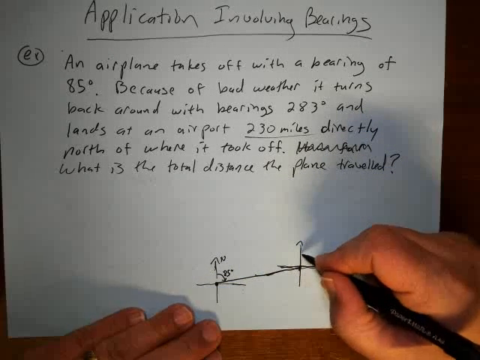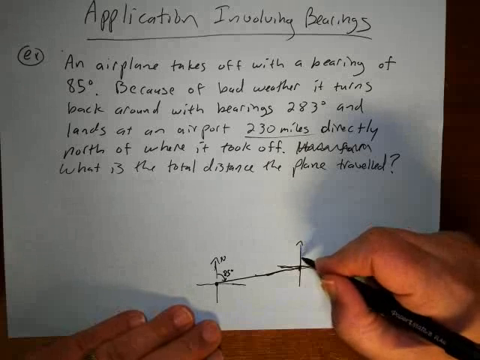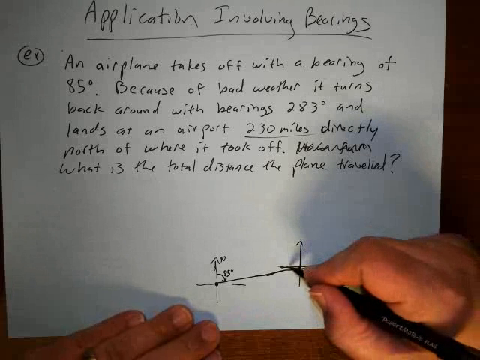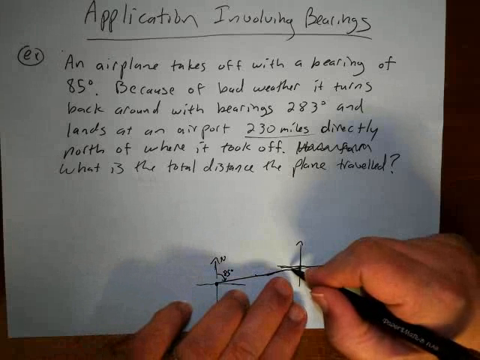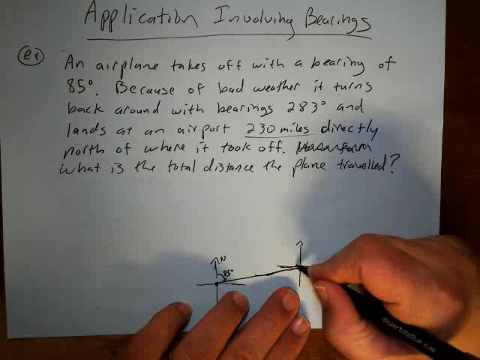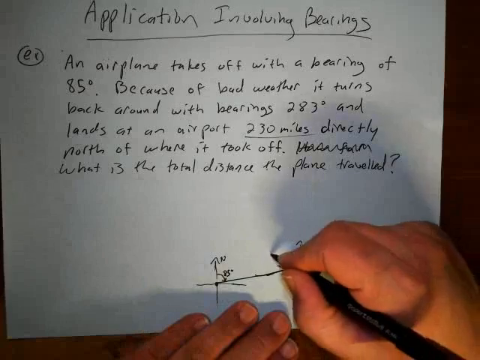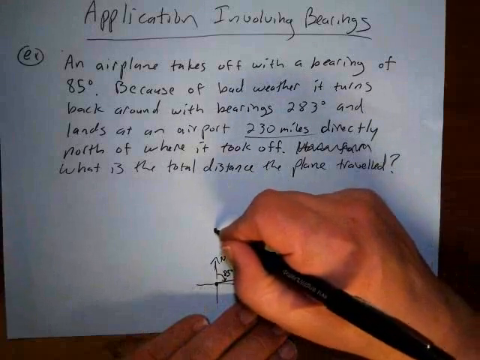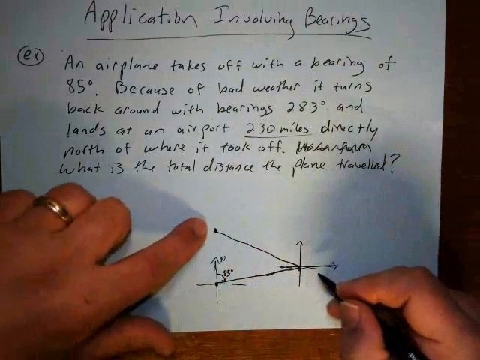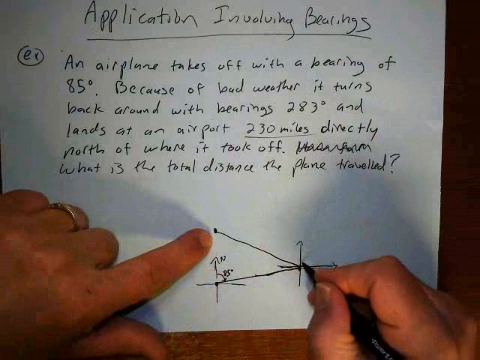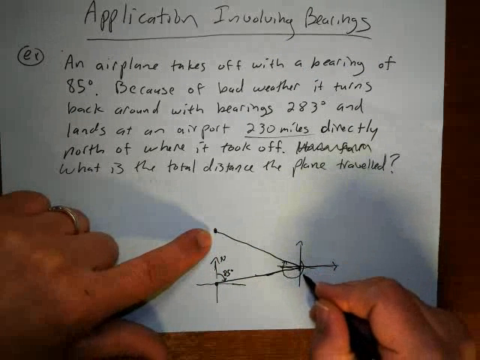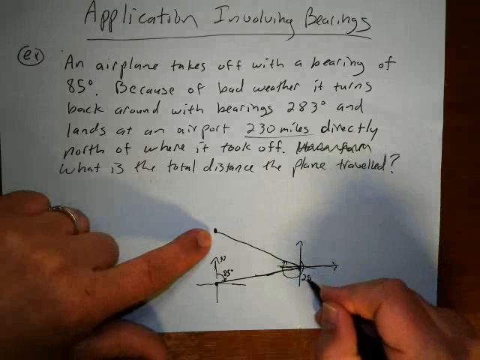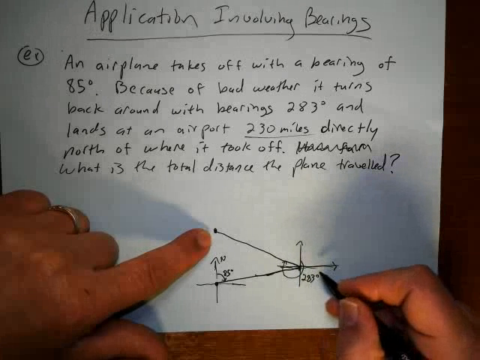And 283 degrees, well, this is like 270 degrees, right, if you go through 3 quadrants. Then I'm going to be going like 13 degrees more, so kind of like this, until I land directly north. So this angle here would be 283 degrees.